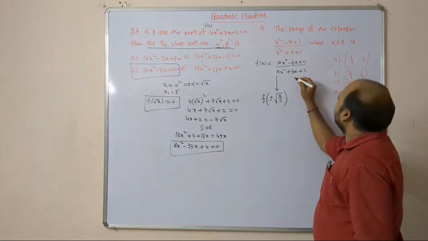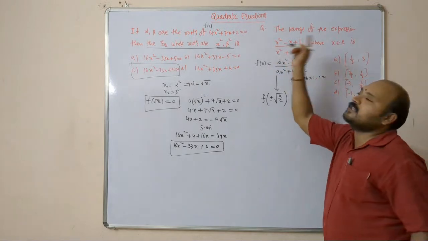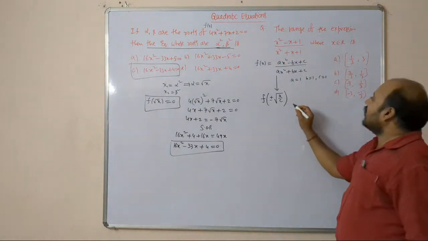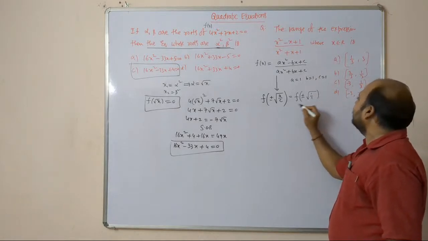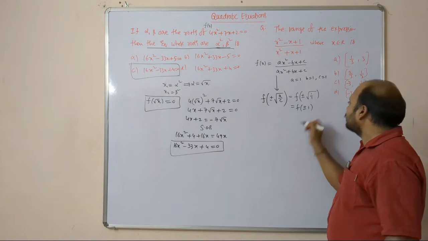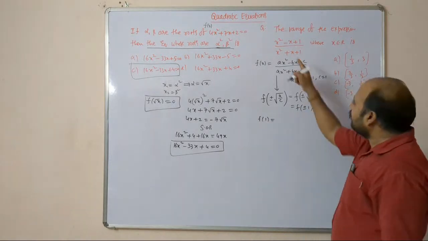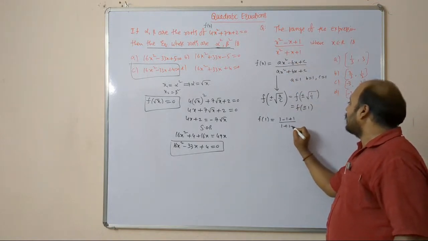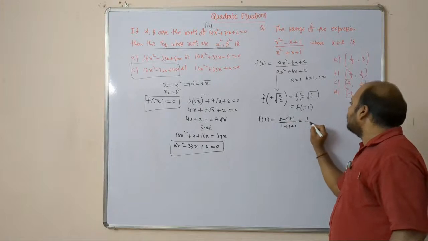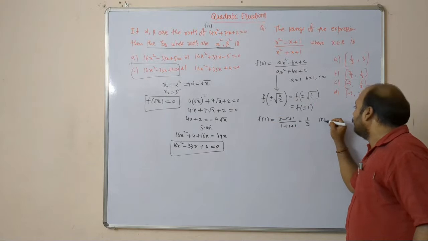So here a value 1, b value 1, c value 1 according to this given expression. So I am calculating f of plus or minus root 1 by 1, that means f of plus or minus 1. So first f of plus 1 I am calculating. F of 1, if we take it in this, 1 minus 1 plus 1 by 1 plus 1 plus 1. So 1 by 3. Whenever plus comes, minimum value.